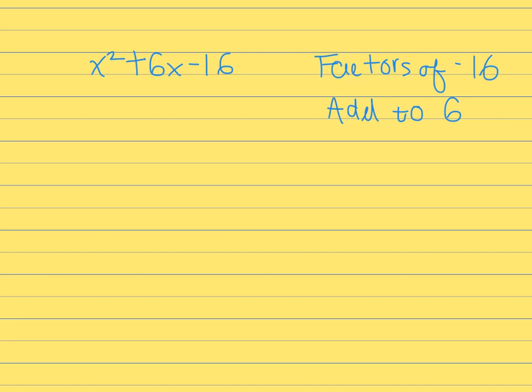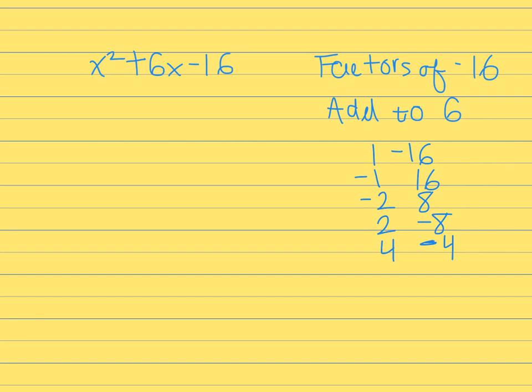So let's do that. Factors of negative 16, we could have 1 and negative 16, or negative 1 and 16. We could have negative 2 and 8, or 2 and negative 8. We could have 4 and negative 4. Those are the different possibilities of factors of negative 16.